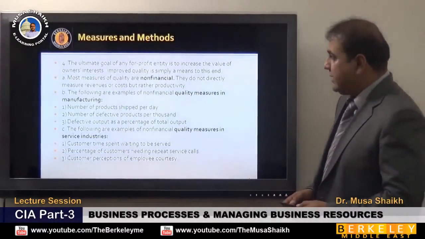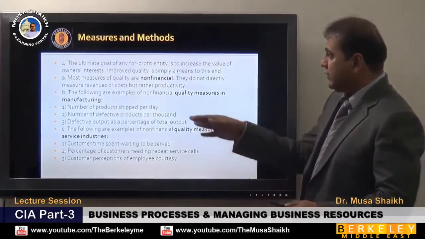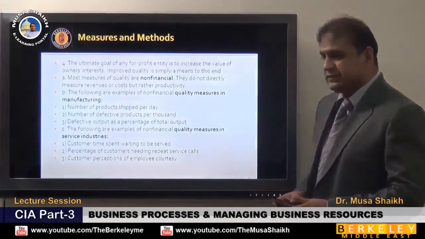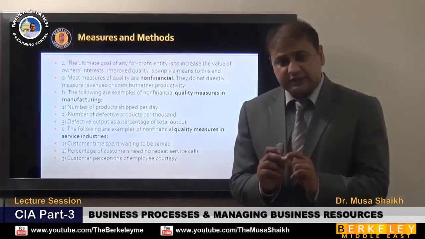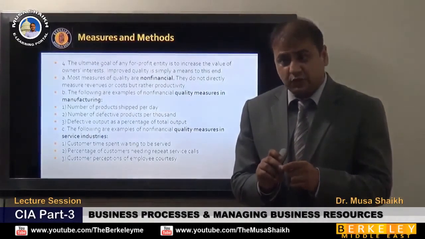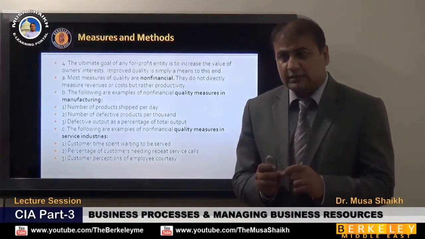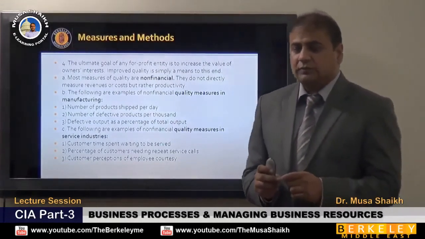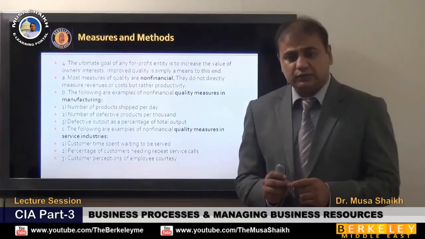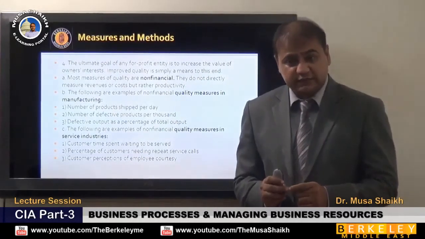Okay, so the ultimate goal for any for-profit entity is to increase value. What is value? Where the perceived benefit is more and the perceived cost is less, because the customer gives value to each item with which he is satisfied.